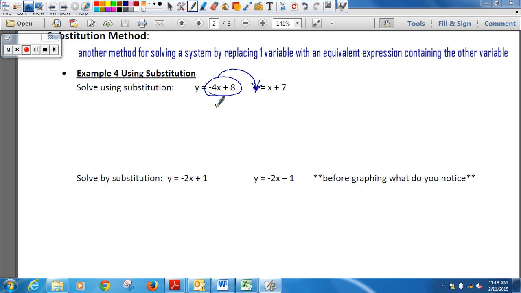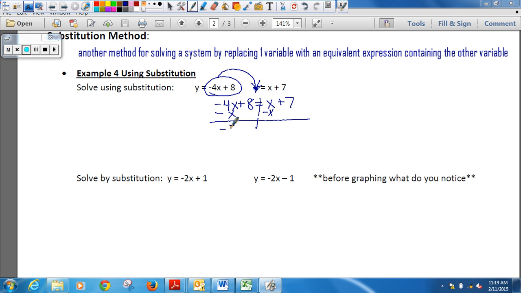So I'm going to rewrite it as negative 4x plus 8 is equal to x plus 7. The reason we do that is because it eliminates one variable, and now I only have one equation, one variable, so I can solve for x. So I'm going to subtract 1x from both sides.